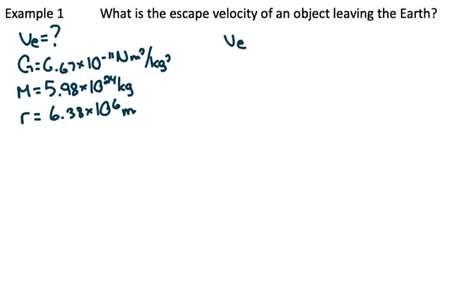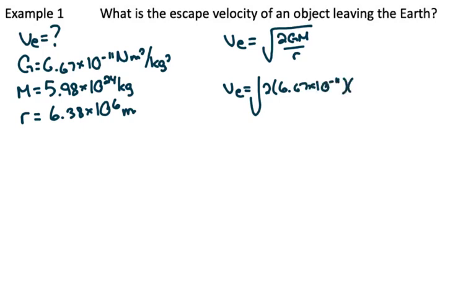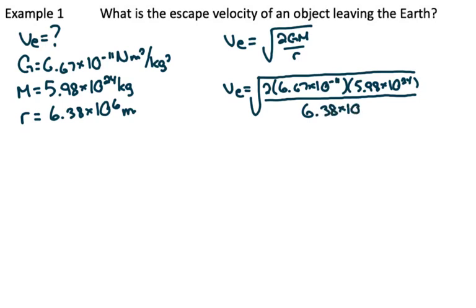Substituting that into the equation, which is VE equals the square root of 2GM over r, we have 2 times 6.67 times 10 to the minus 11 times 5.98 times 10 to the 24th, over 6.38 times 10 to the 6th.